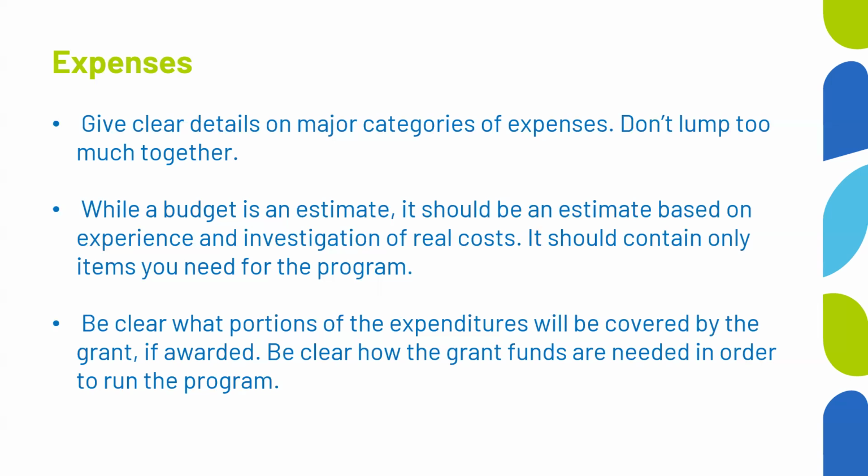Remember, a budget is an estimate, but that doesn't mean it can't be an estimate based on experience and a real investigation of actual costs. So when you see a budget that's all round numbers, 3,000, 2,000, 5,000, you know probably that applicant is just ballparking stuff.